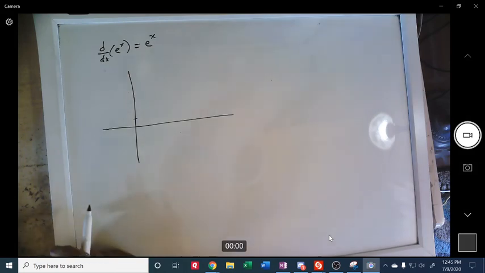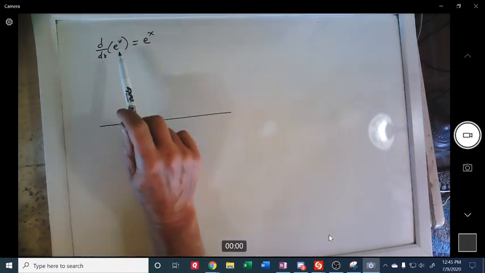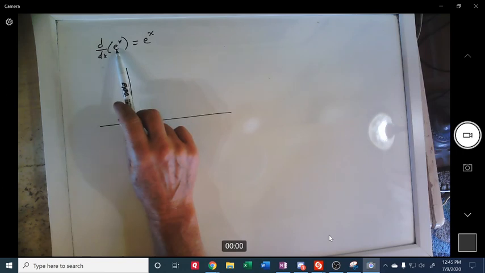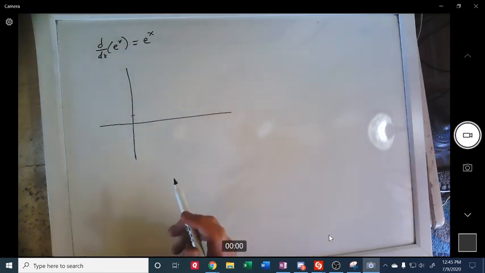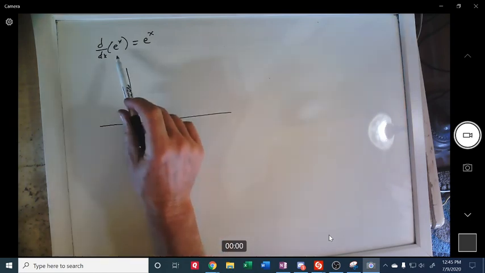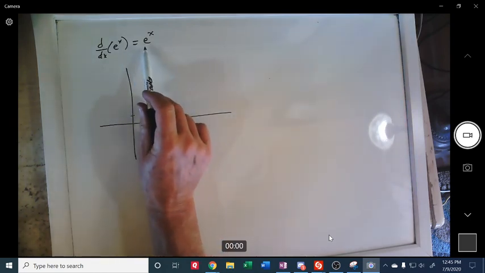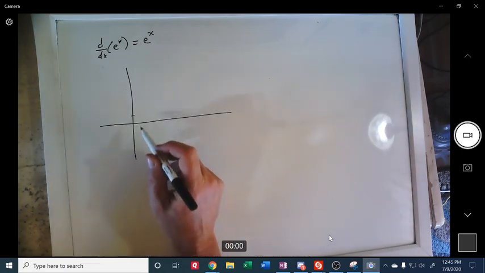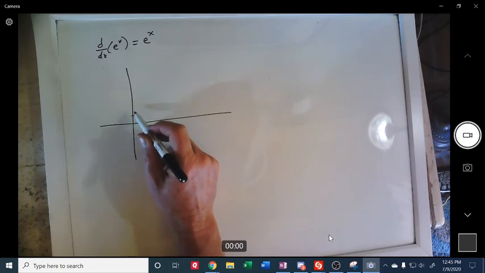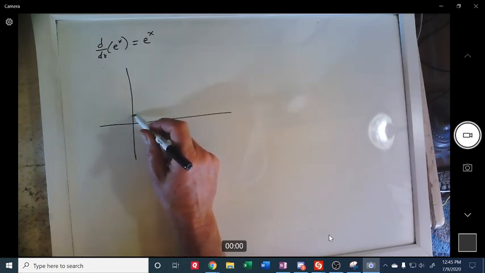Thought of what's a function whose derivative of itself is itself, that would have to be a function whose height and steepness exactly match. The height of the function is its steepness. So when the function is at a height of 1, its steepness is a slope of 1.